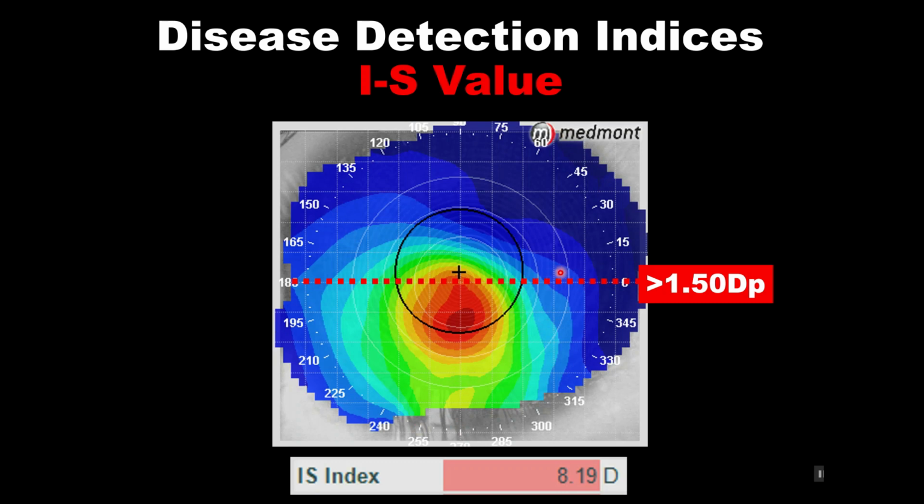And then what is the difference between the average superior and the average inferior? In this case, the IS value is telling you the inferior cornea is 8 diopters steeper on average than the superior. And the threshold of abnormal would be greater than 1.5. So clearly this eye is abnormally high.